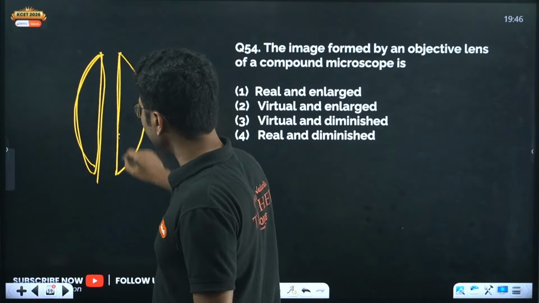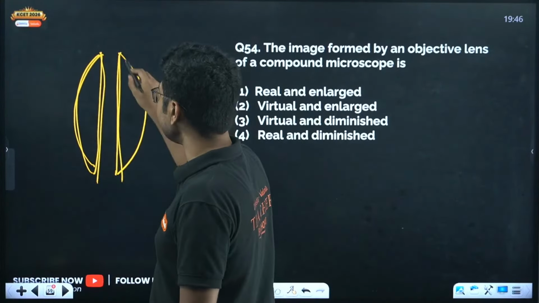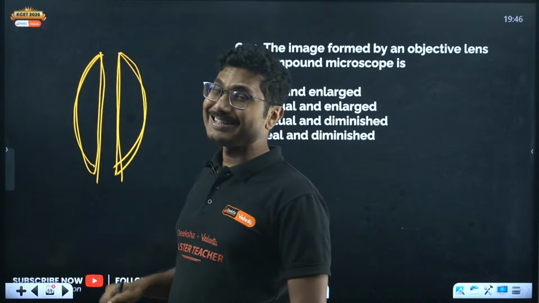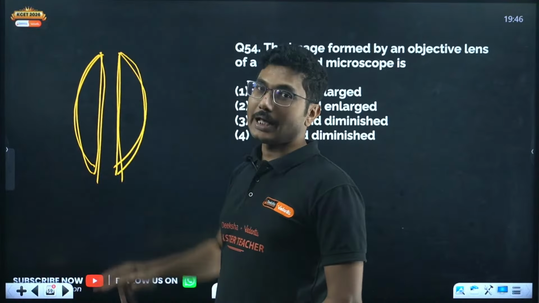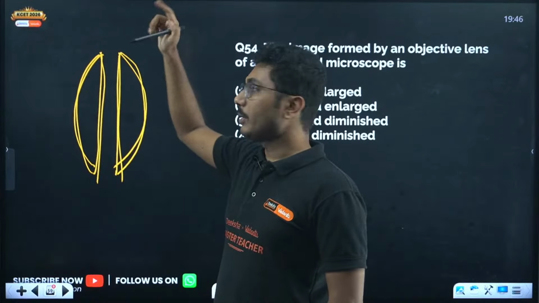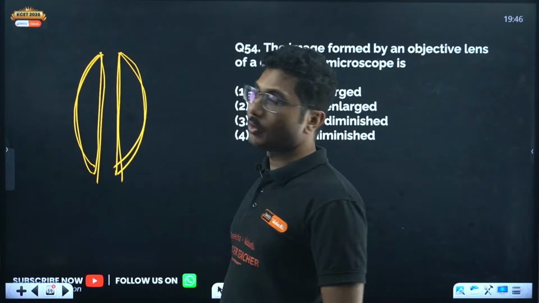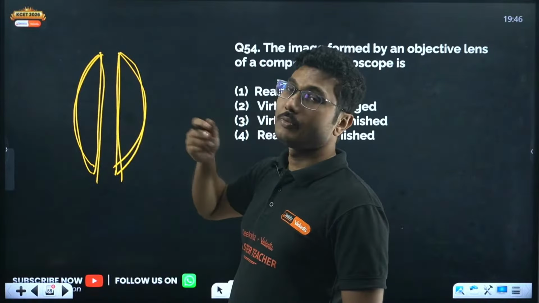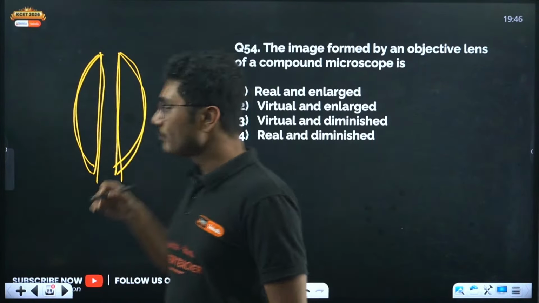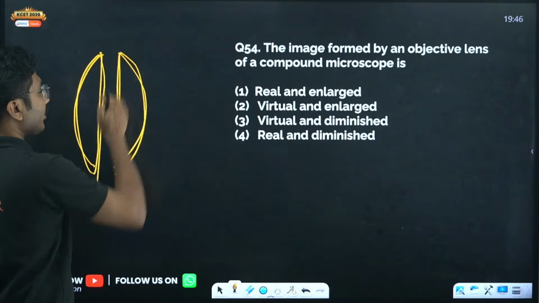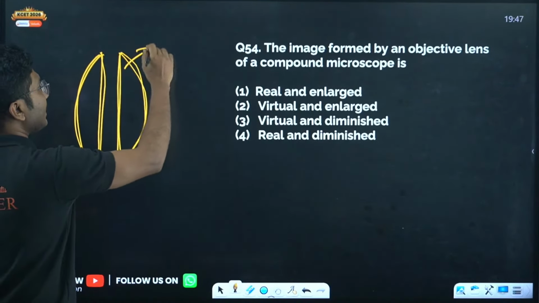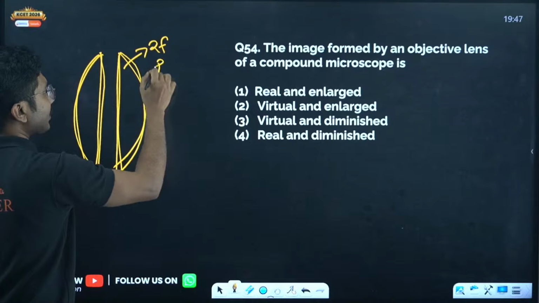Same for this as well: this side becomes infinity, this side remains the same. So focal length changes when you cut the lens along the diameter like this. Because the radius of curvature for both surfaces is different now from the original lens, focal length becomes twice. So when you cut along the diameter, focal length becomes twice, power becomes half.